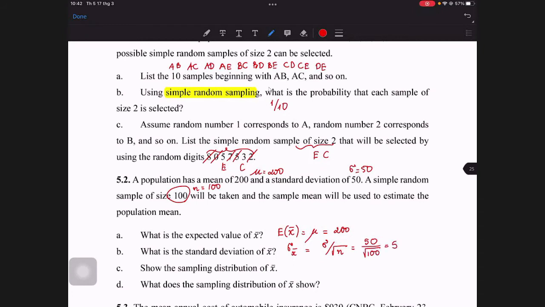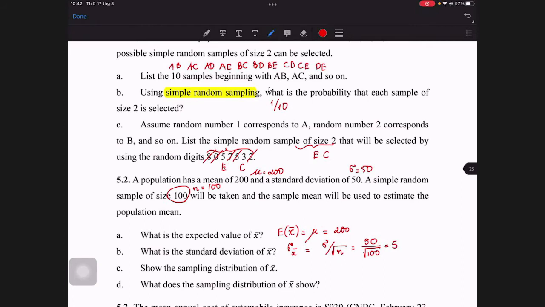Now we have to show the sampling distribution of X bar. We have 2 possible scenarios. If our population data is normally distributed, then our X bar is also normally distributed. If the question doesn't say anything, then we have to show that X bar is normally distributed by using the central limit theorem.